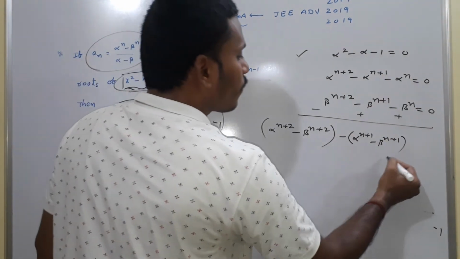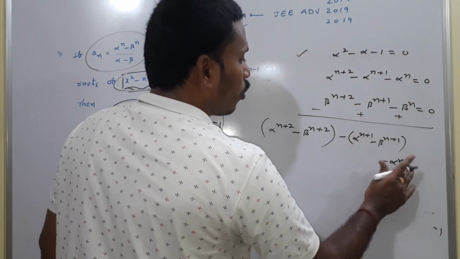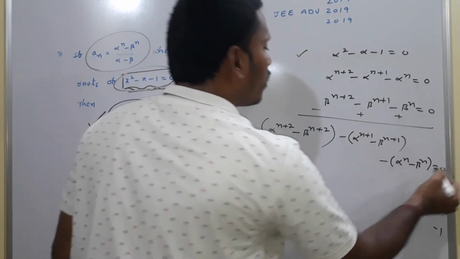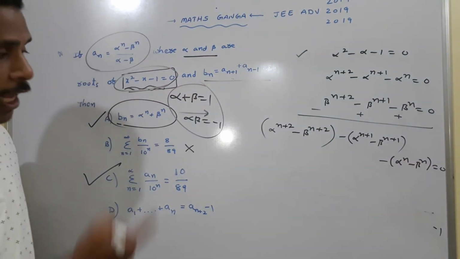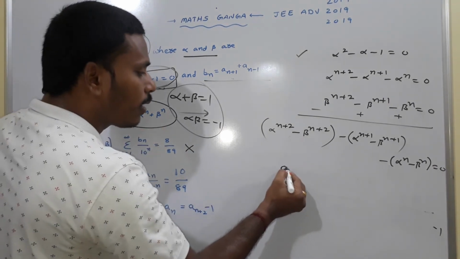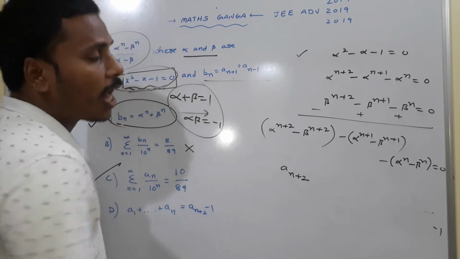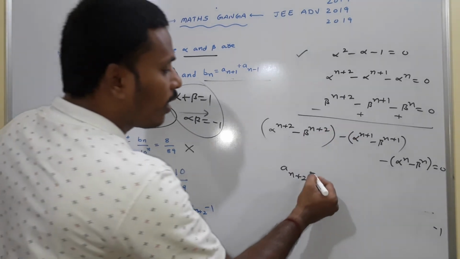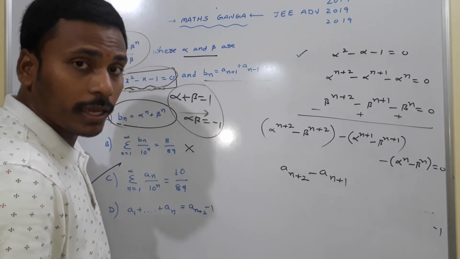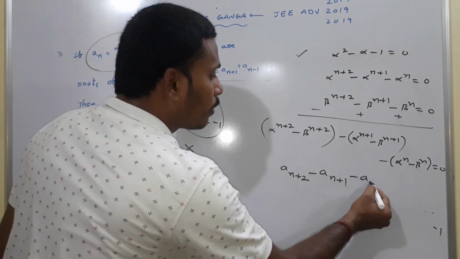Again for these two terms, if you take minus common, we have alpha power n minus beta power n is equal to 0. If you divide everything with alpha minus beta, this is nothing but a n plus 2. And if you divide it with alpha minus beta, we have a n plus 1. And if you divide it with alpha minus beta, that is nothing but a n.